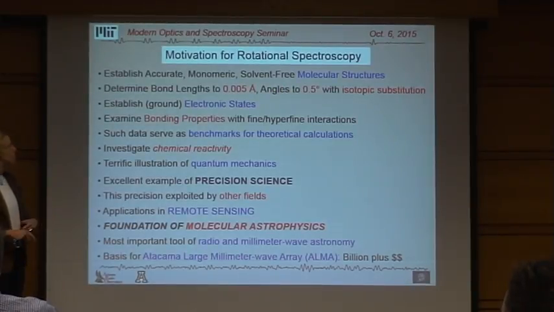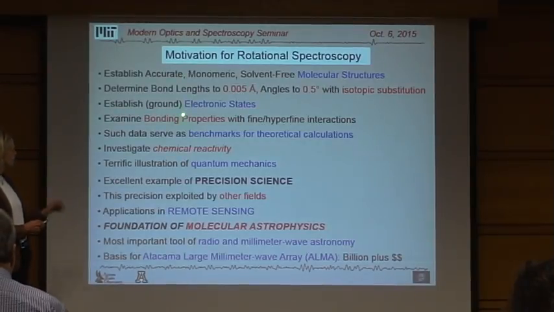One of the biggest motivations to do rotational spectroscopy is to establish accurate monomeric solvent-free molecular structures. If you really work hard enough with isotopic substitutions, you can determine bond lengths to 0.005 angstroms and angles to less than half a degree. And rotational spectroscopy has the nice result that you can establish electronic states.